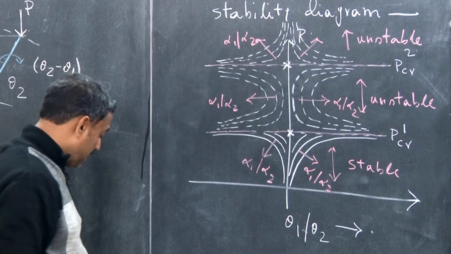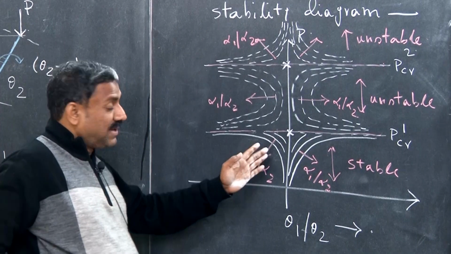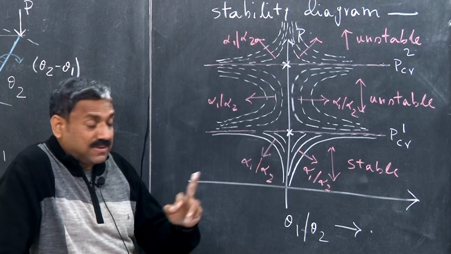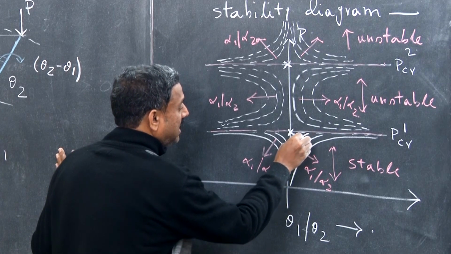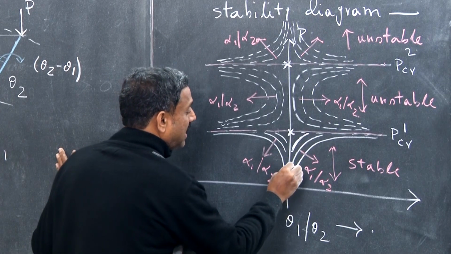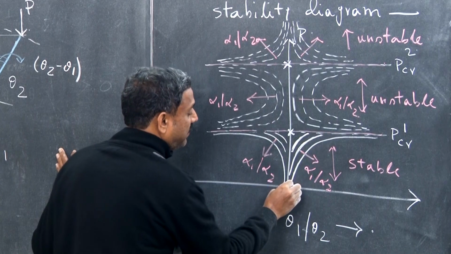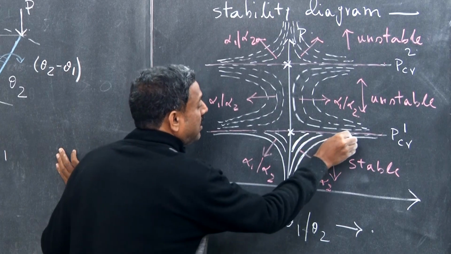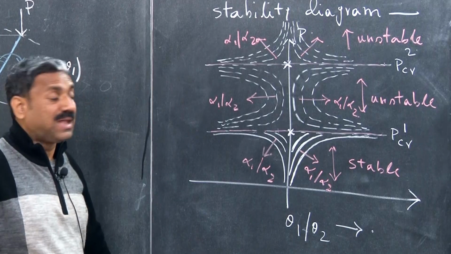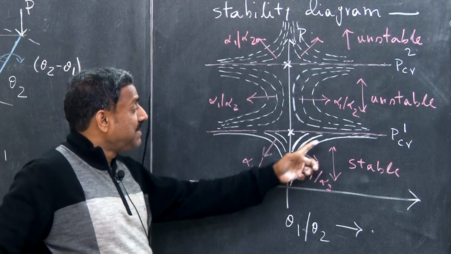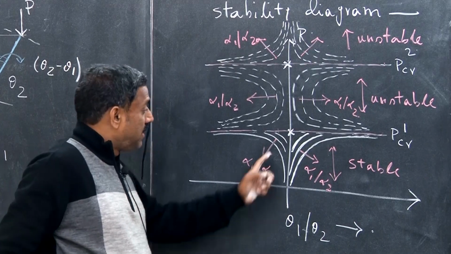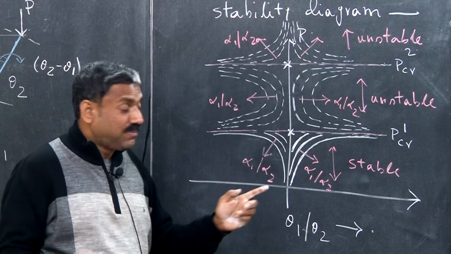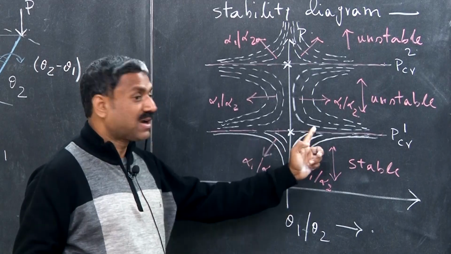What is happening is that there is no bifurcation, because in an imperfect system these are called equilibrium paths: when we make the first derivative 0, we get the equilibrium path. Equilibrium paths are asymptotically approaching the bifurcation load. There is no bifurcation because a single path is not bifurcating into two.